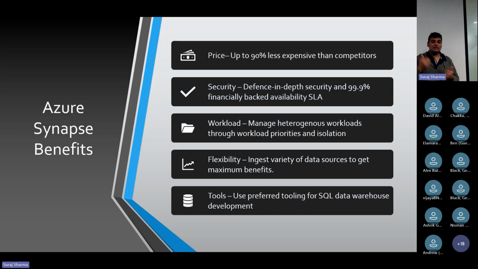Both are ANSI SQL compliant. They can handle both structured and unstructured data. They both support Delta Lake, and they also have RBAC, role based access control. They also support MFA and virtual private networks. So these are the similarities between Synapse and Snowflake.